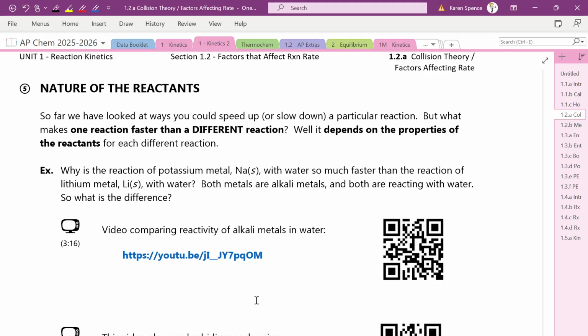Okay, so an enzyme, for example, often is one type of catalyst.